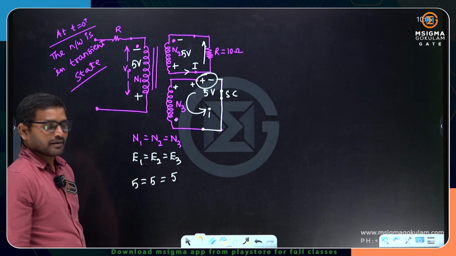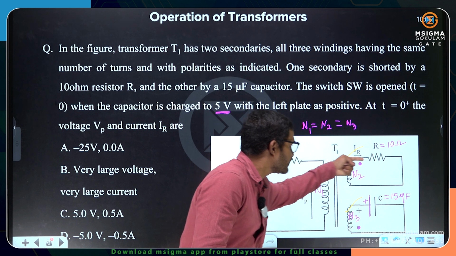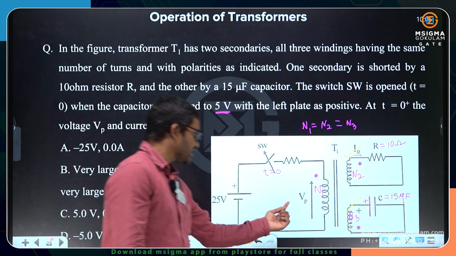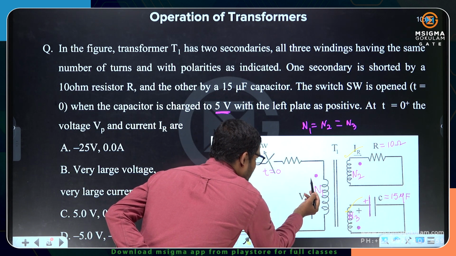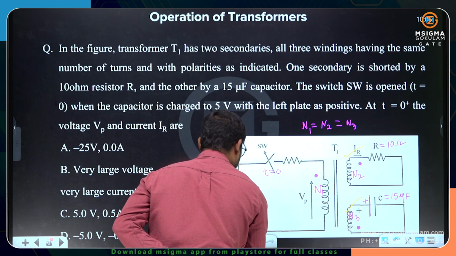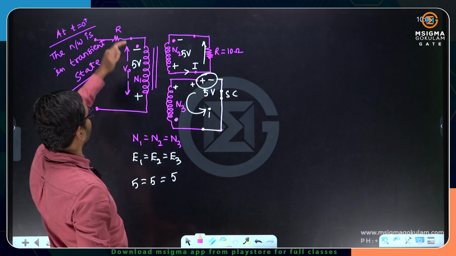But in the question, in which direction has he given it? The current is given here from the dot terminal. And what is VP given? He is assuming VP polarity as positive and negative, but we got it in reverse. It is not positive, we got it as negative.